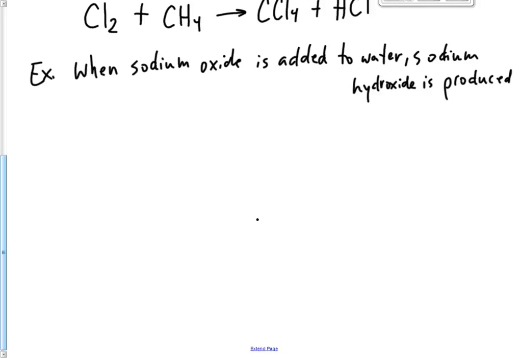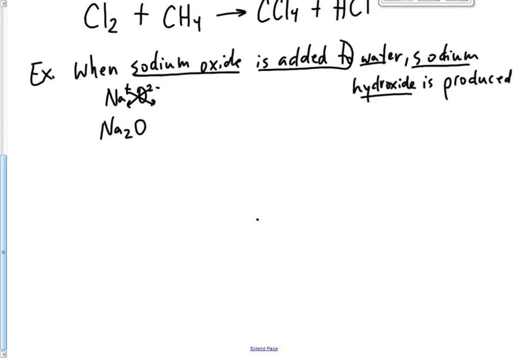Again, I would underline all the things that we need to make formulas for. So sodium hydroxide, water, and sodium oxide. Like we did in the first one, sodium is a +, oxygen is a 2-. Cross those charges and you get Na2O. All right, is added to.